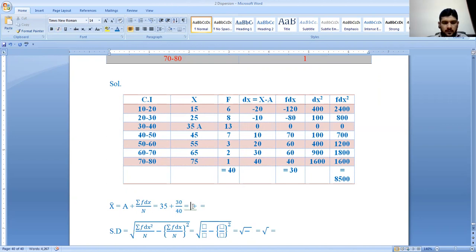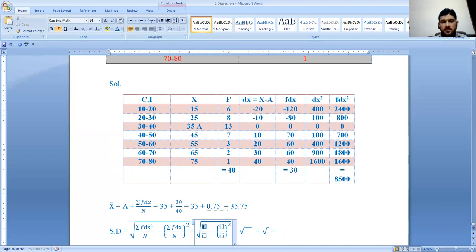Now 35 plus 30 upon 40. 30 divided by 40 is equal to 0.75, so 35.75 will be the mean.